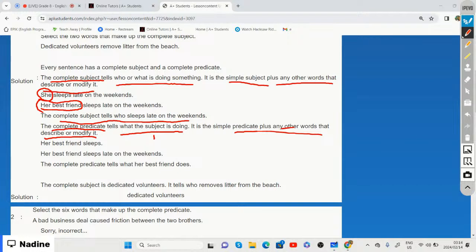If we look at examples, it says, her best friend sleeps. Which means that if we look at the complete predicate, then sleeps is our predicate.